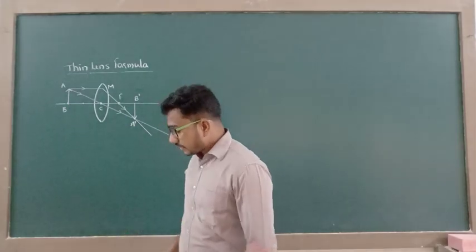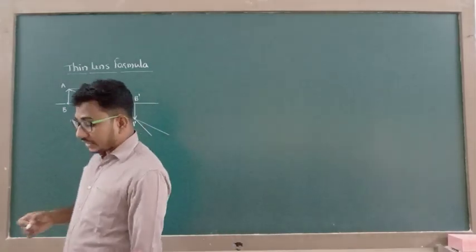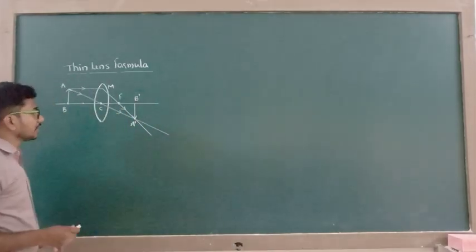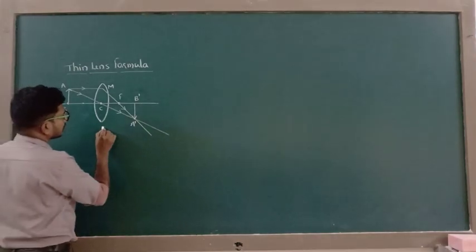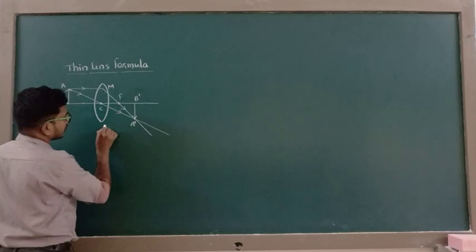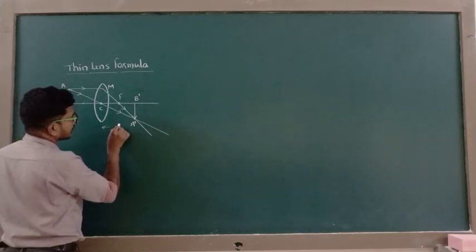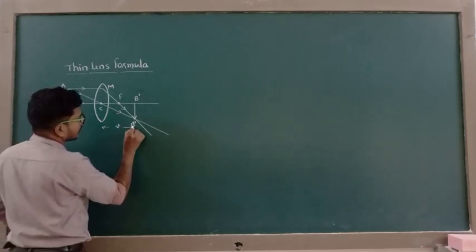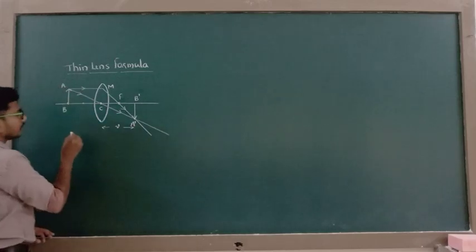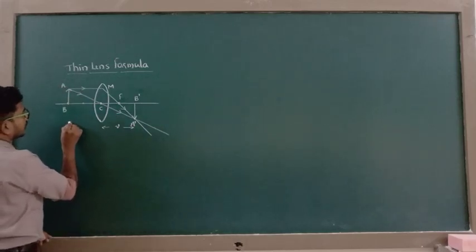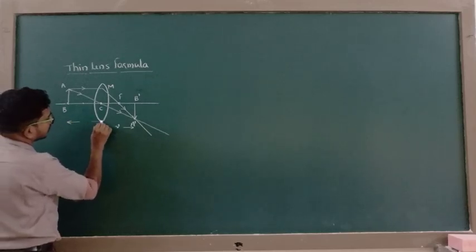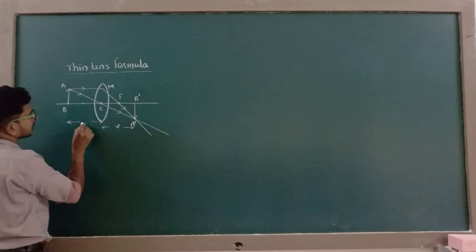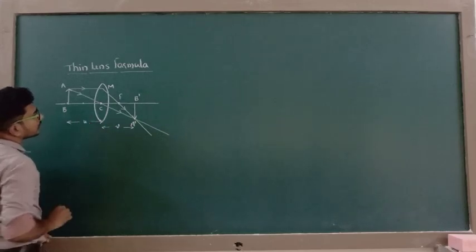Now the distance between the optical center and the position of the image is known as image distance. It is represented by a small v. The distance between the position of the object and the optical center is known as object distance.